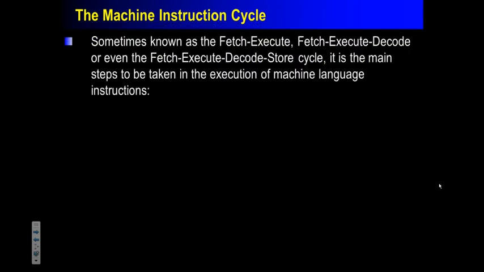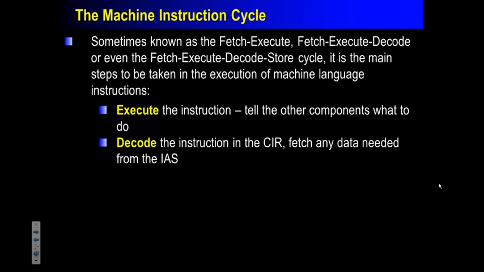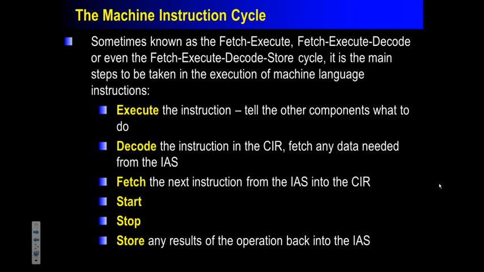The way I would describe that is, I'm the CPU, I grab an instruction, figure out what it means. Oh, okay, 2 plus 2, I know what to do. Execute it, 4, I got the answer. I put the answer back here, so I store the answer. That's what's called the machine instruction cycle. It's very simple, but I want to break it out in that format to give you an explanation.